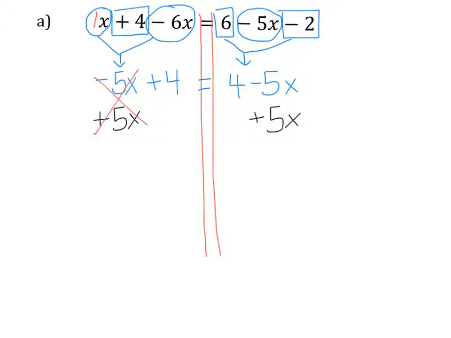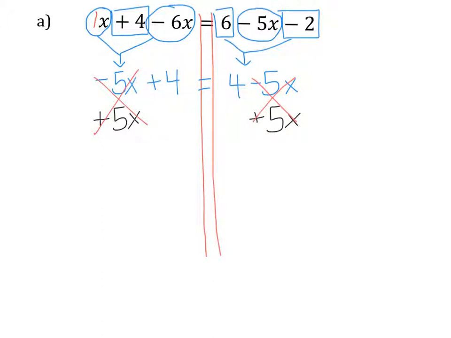I've canceled my variables on the left, and on the right I'm going to do some calculations. But I notice that I've got 5 negative x's and 5 positive x's. That also cancels. That makes 0 just like this side, and it also cancels.